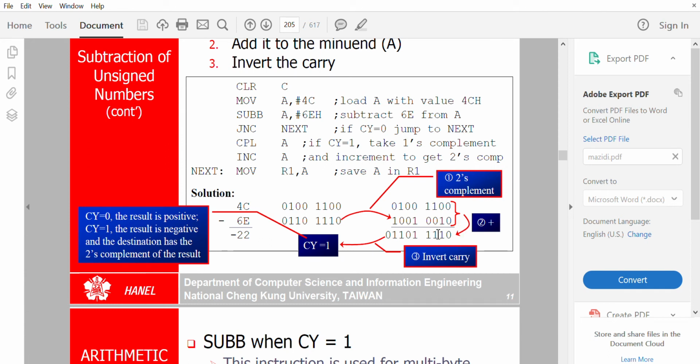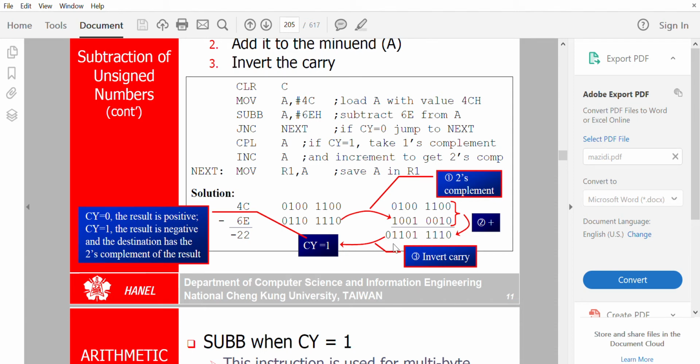You add this. You know that 4C minus 6C, the result will be a negative number. So how does the microcontroller know that it's a negative number? Here, the carry is 0. So what was the third step? Invert the carry.